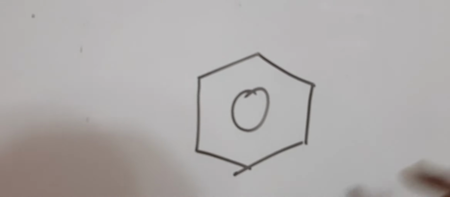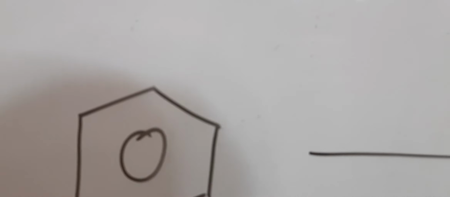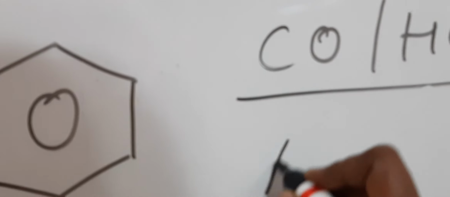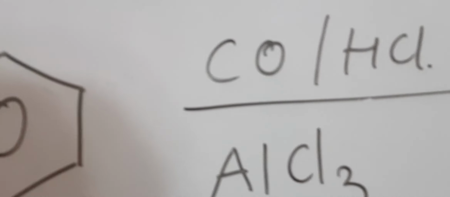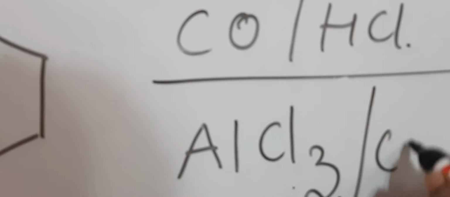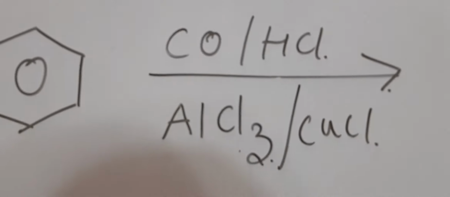What are the reagents used in the Gattermann-Koch reaction? Carbon monoxide, hydrochloric acid, and, as in Friedel-Crafts alkylation and acylation, aluminium trichloride, along with copper chloride. Just remember this for the Gattermann-Koch reaction. Benzene gets converted to benzaldehyde.